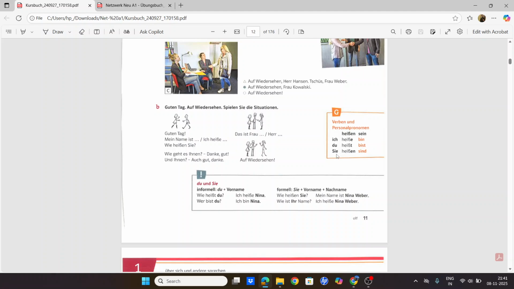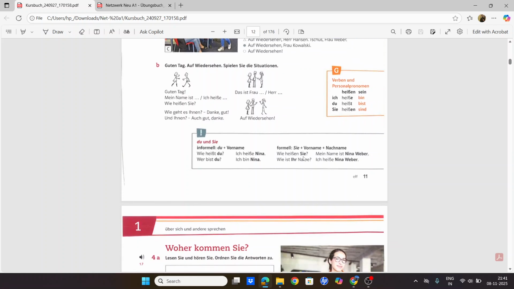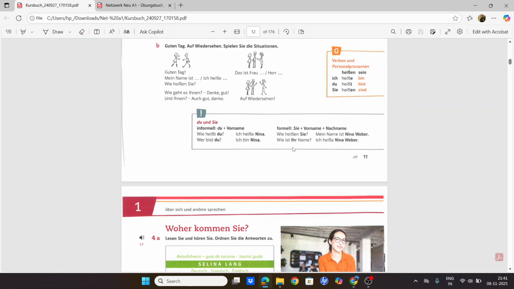It's not pronounced 'sigh', but in English it looks like 'sigh', but let's not go there right now, so you don't get confused with the pronunciation first of all. So this is Wie heißt du.